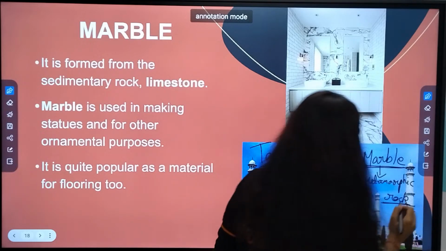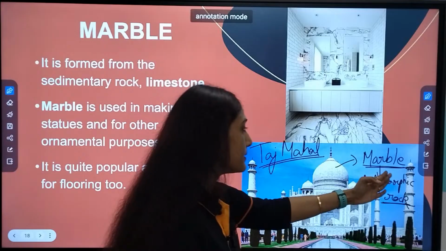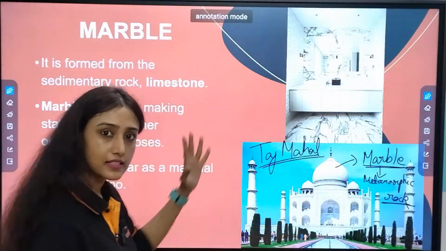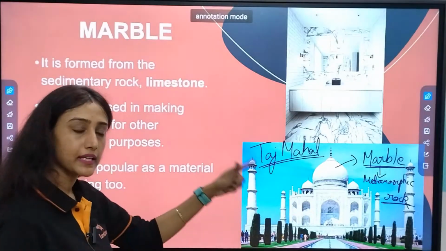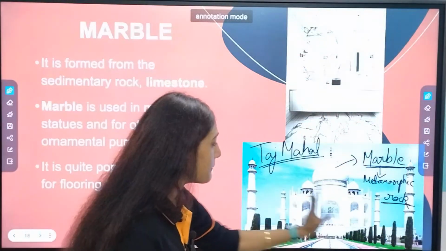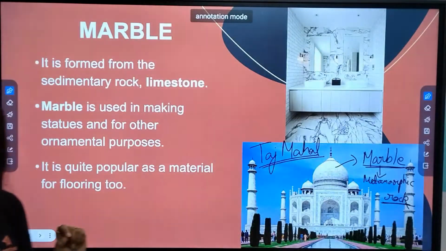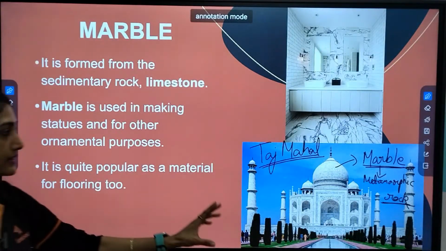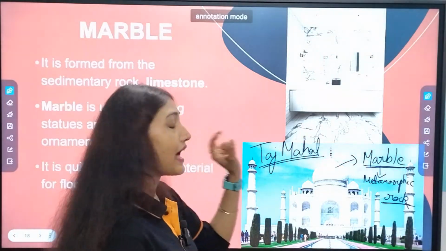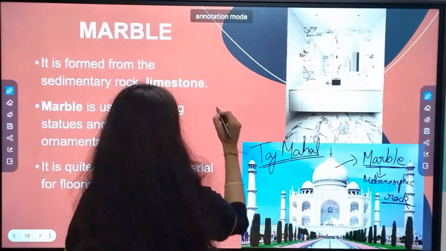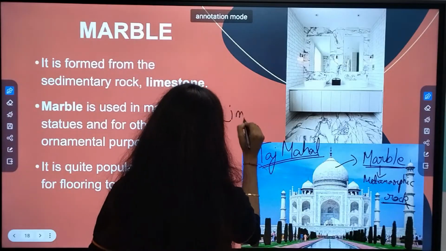So if it is metamorphic rock, then marble is formed from something else. It was something else previously and due to extreme heat and pressure, it became marble. So which rock was it? It was a sedimentary rock, and that sedimentary rock is limestone.